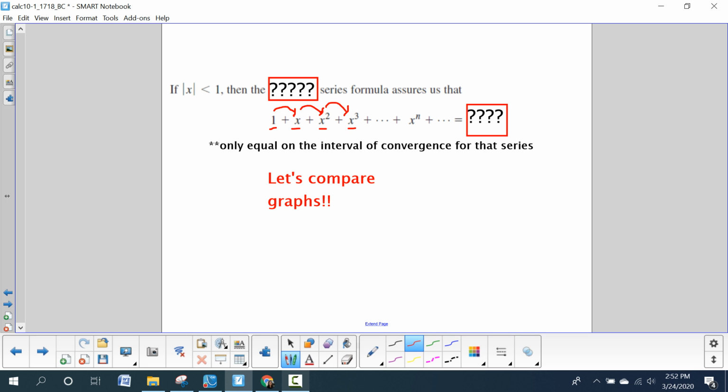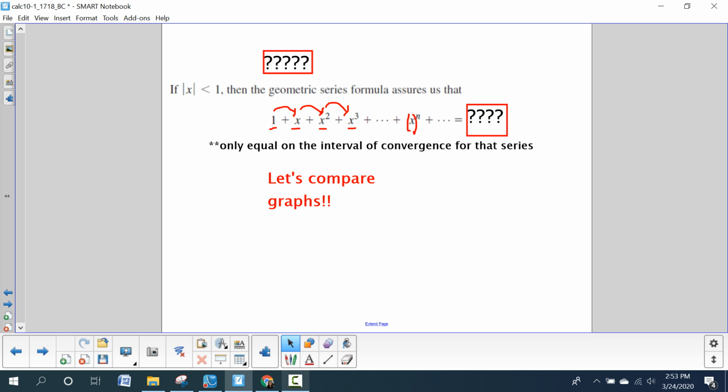It looks as though you can get to the next one by multiplying on another x, right? So it has a common ratio to it. It has a common ratio, and it's of the form something to the n power. So that means that this is a geometric series, right?